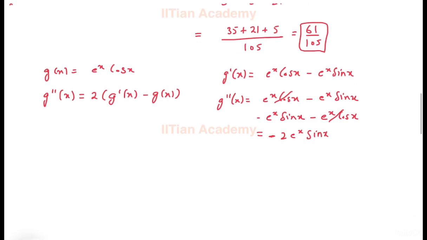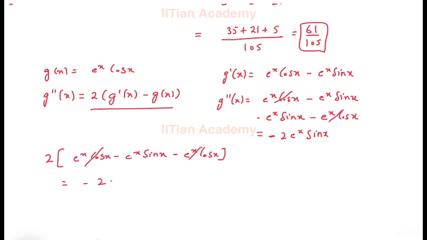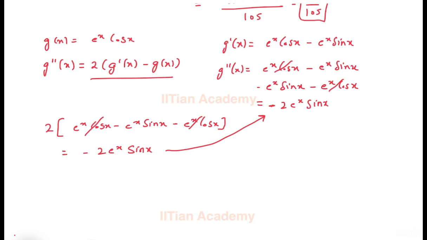So let us try to see whether these two terms are coming equal or not. So let us try to find 2 times g dash x, which is 2 times e raised to the power x cos x minus e raised to the power x sin x minus e raised to the power x cos x. So we can see this is cancelled. This comes out to be minus 2 e raised to the power x sin x, which is exactly same as g double dash x, or the second derivative of g x.